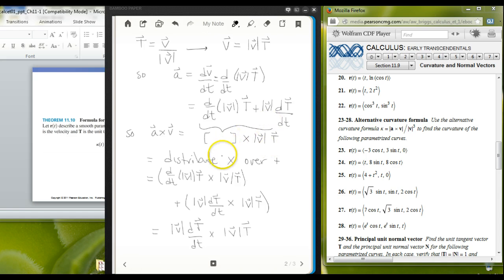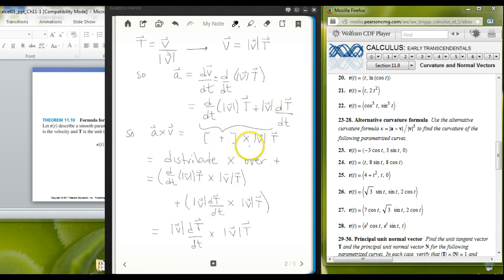One of our other properties for the cross product says that I can take this cross right here and distribute it across the addition living inside these brackets. There would be a plus right here, with the terms d/dt of magnitude v times T plus magnitude v dT/dt. That would be the stuff living in the brackets.